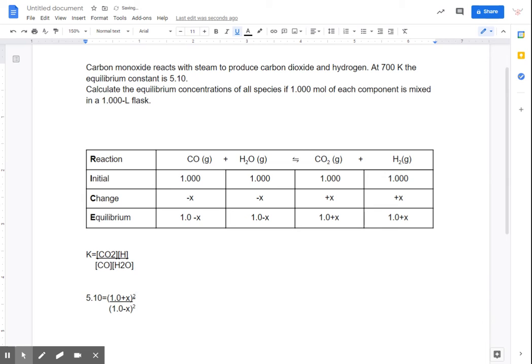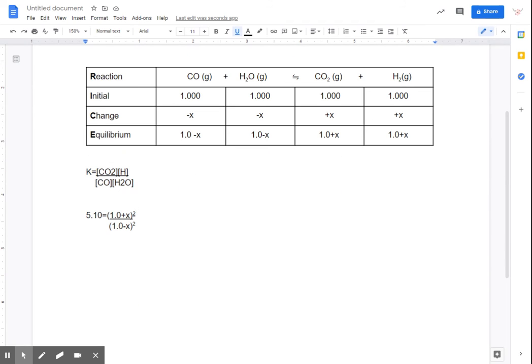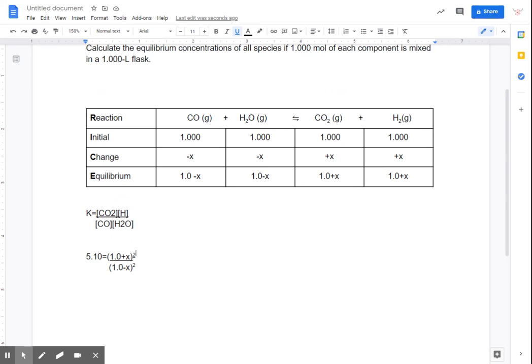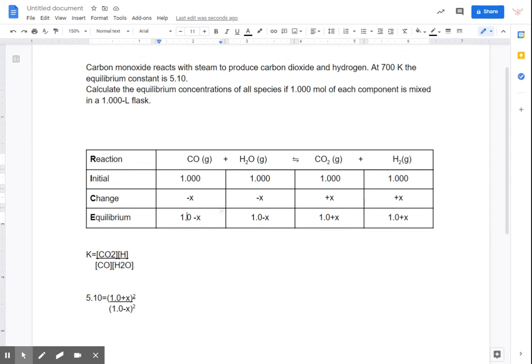And then we just solve for x. The first step would be taking the square root of both sides so we can get the squares out of there. Then just rearrange the equation using your algebra skills to solve for x. Once you solve for x, plug it into your equilibrium line, because it's asking for the equilibrium concentrations.